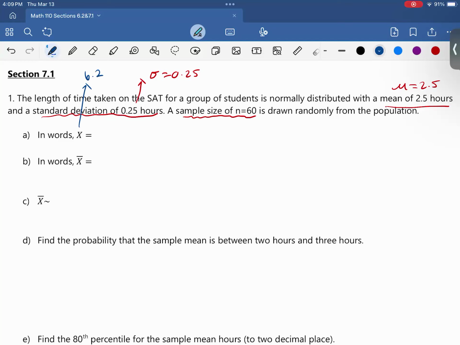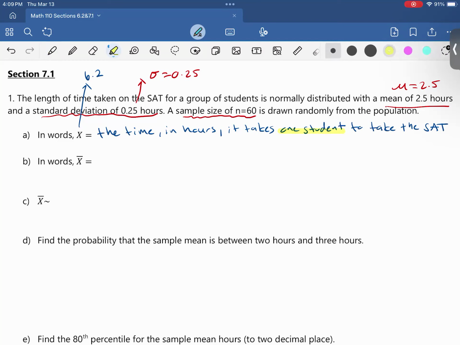What capital X is in the context of this question is the time in hours it takes one student to take the SAT. So when we're talking about X, it's just talking about one student.